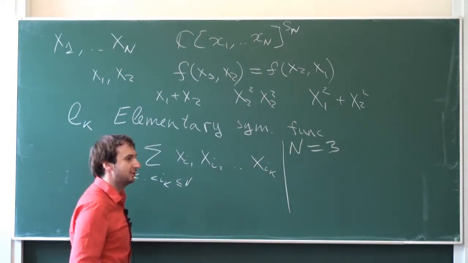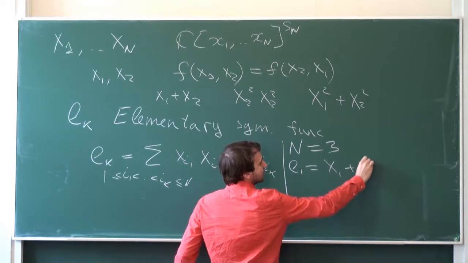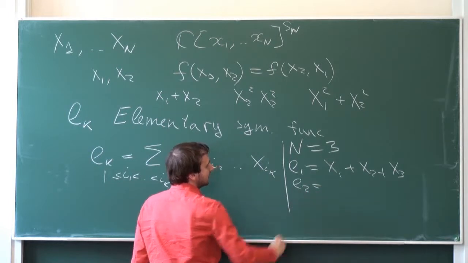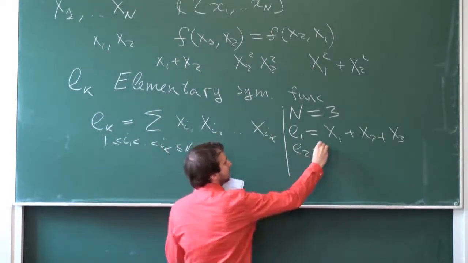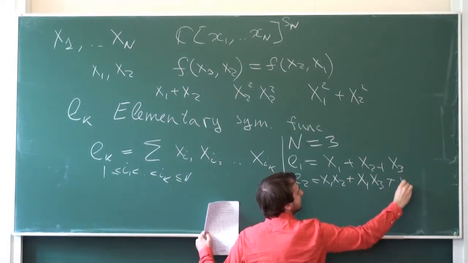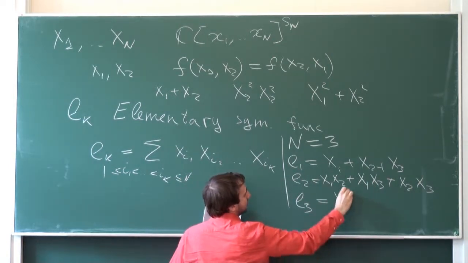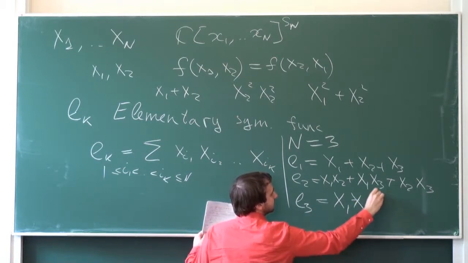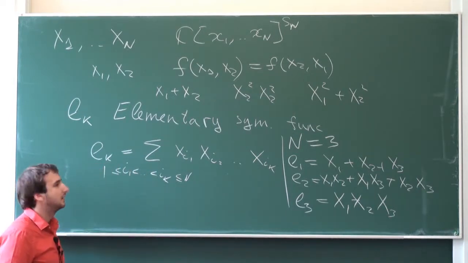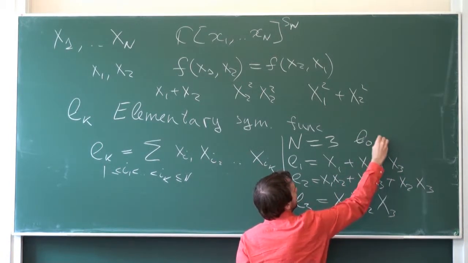Then there are only 3 elementary symmetric polynomials, which are e1, which is the sum of variables, and e2, which is the sum of products of pairs of variables, and finally e3, which is the product of all variables. For the sake of notation, we will say that the 0th polynomial is just the constant 1.